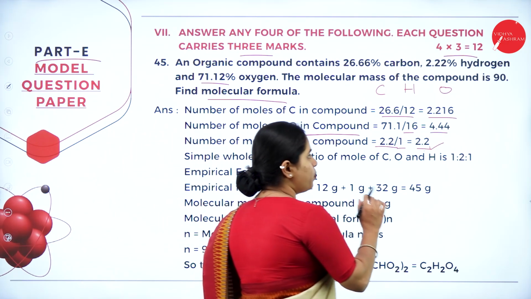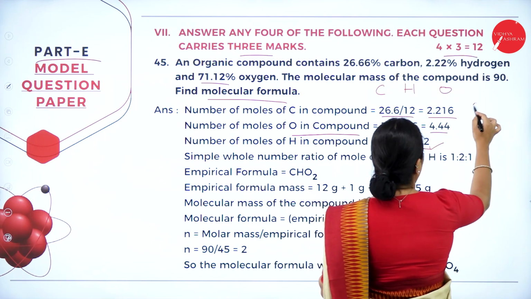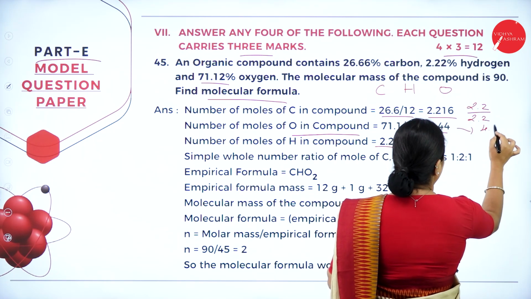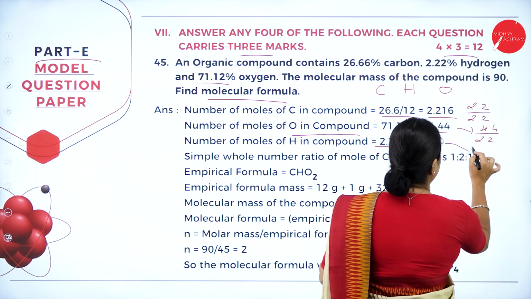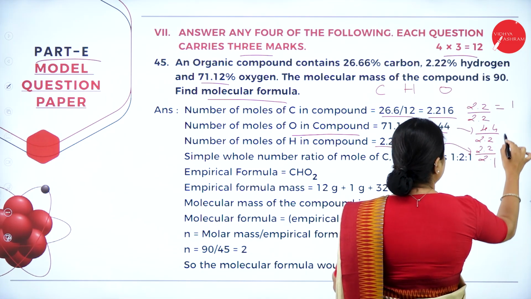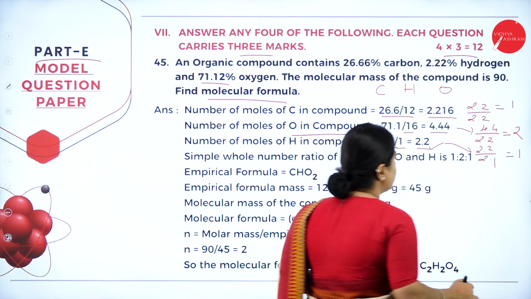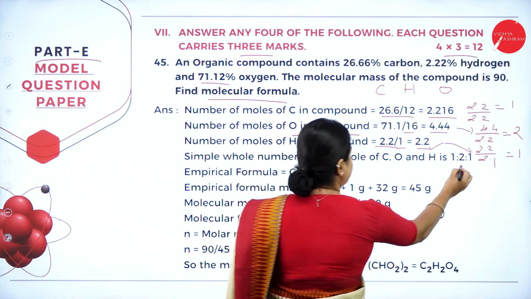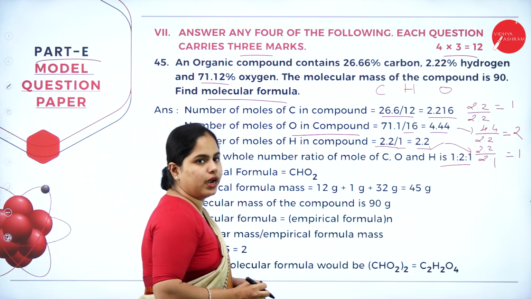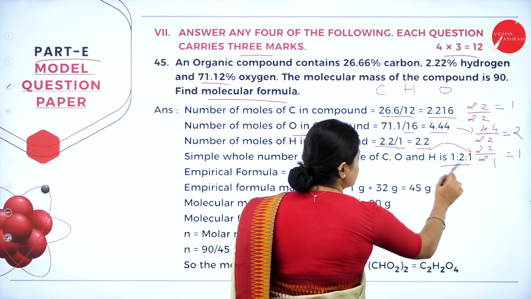So 2.2 divided by 2.2, 4.4 divided by 2.2, and again 2.2 divided by 2.2. This will give you 1, 2, 1. So the ratio will be 1:2:1. The simple whole number ratio of moles of carbon, oxygen, hydrogen will be 1:2:1.